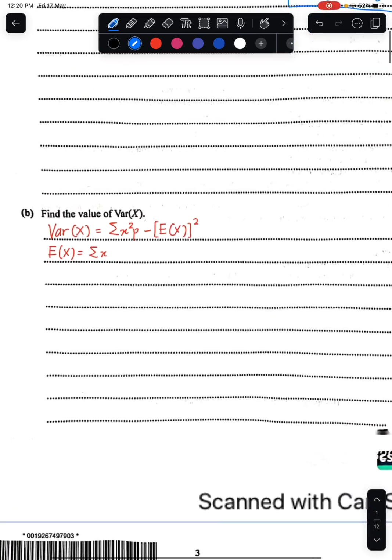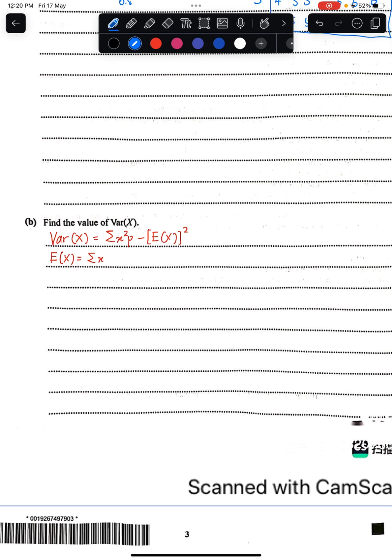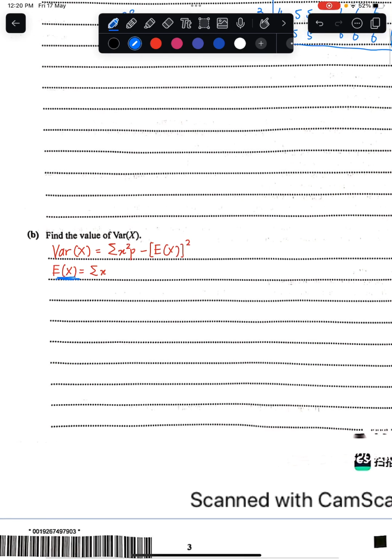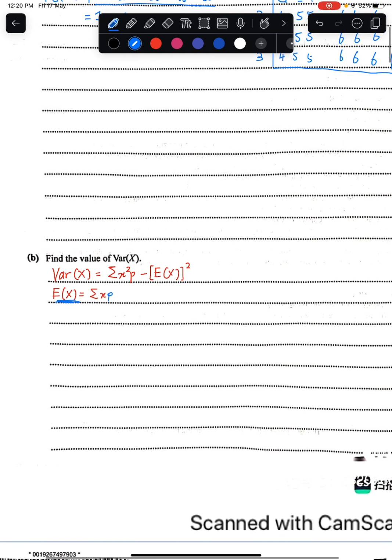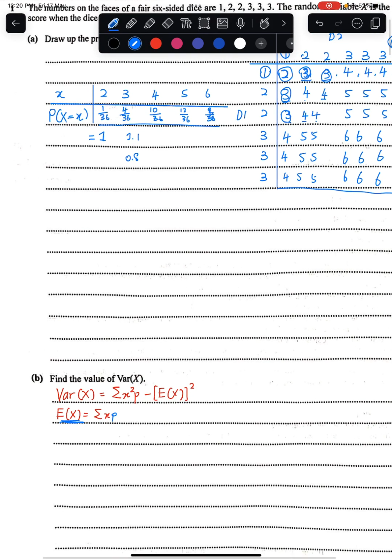So for part B, this is the variance formula, and this is the expected value formula. If you don't know how to use them, let me show you now. So sum of xp, my bad, basically means x times this probability, and you repeat for all, and you sum them all up.